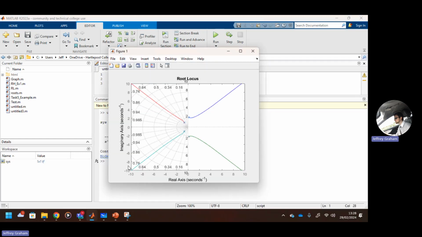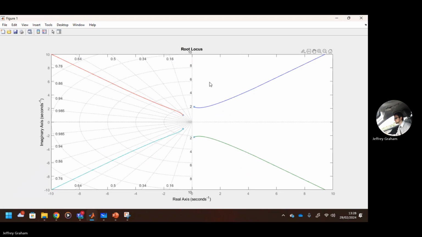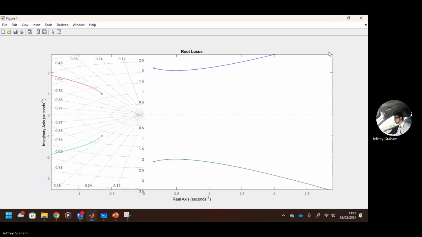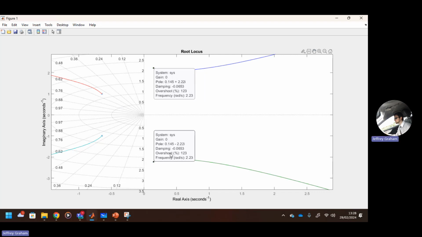We're just changing the outputs. So there we are. Nice and easy if we look at that bit, you can see, click on them, right? So this pole is negative, this pole also negative. This one over here, the blue one, has a positive aspect. This one has a positive aspect. So 2 stable roots, 2 unstable roots.